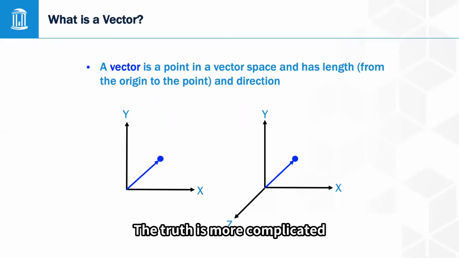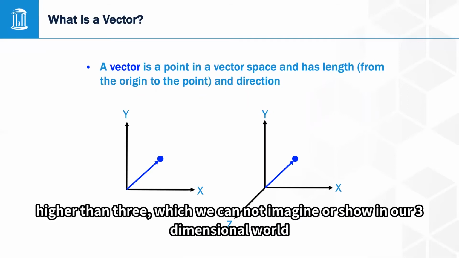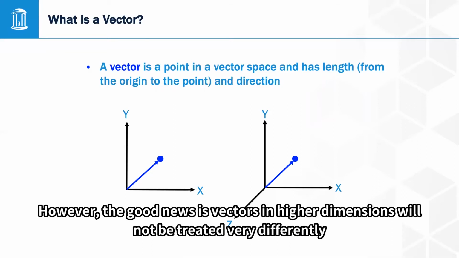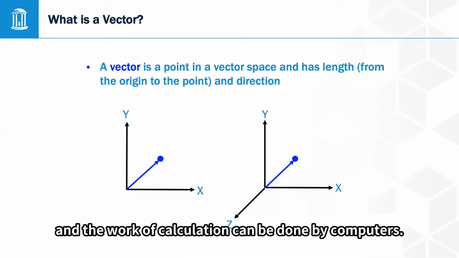The truth is more complicated since a vector can exist in dimensions higher than 3, which we cannot imagine or show in our three-dimensional world. However, the good news is vectors in higher dimensions will be treated very similarly to the ones in 2 or 3 dimensions. And the work of calculation can be done by computers.